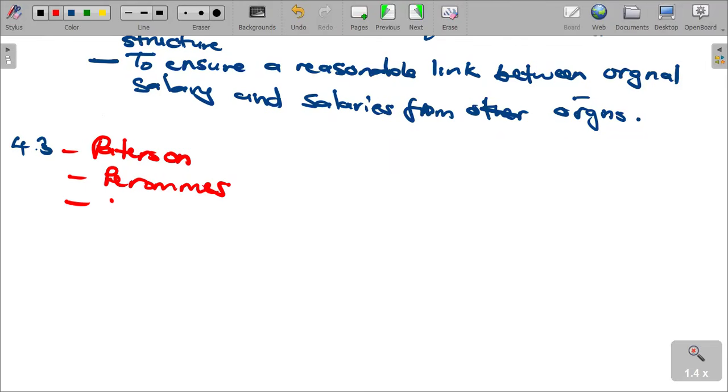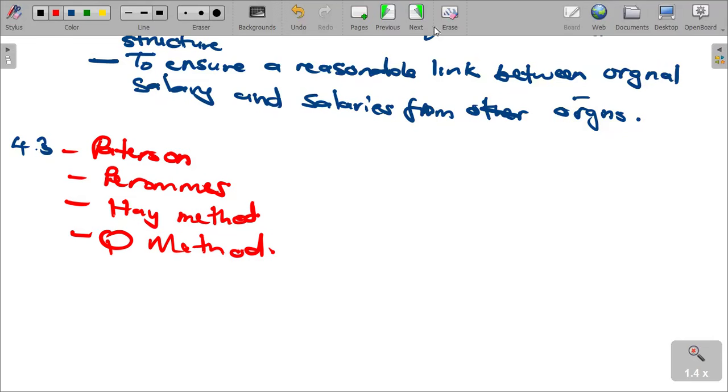We have what you call a Hay method and the Q method. So these are the 4 job evaluation methods or strategies.